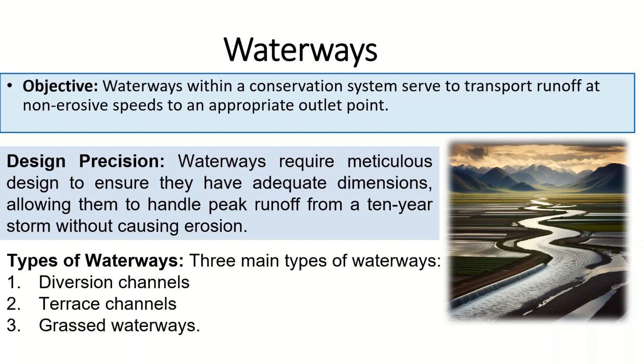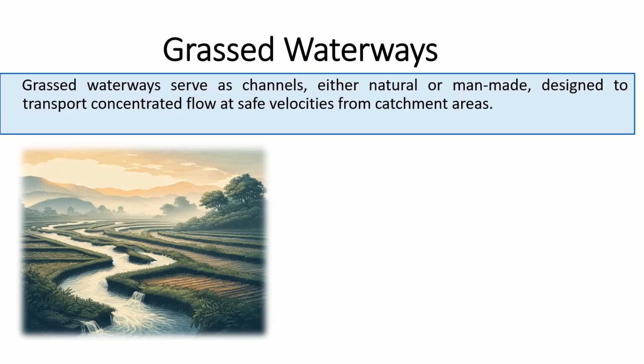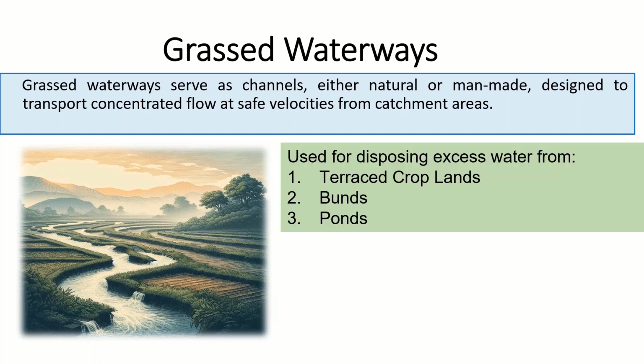So mainly there are three types: diversion channels, terrace channels and grass waterways. In this chapter we will be learning in detail about grass waterways. What are grass waterways? They are channels, either natural or man-made, designed to transport concentrated flow at safe velocities from catchment areas.